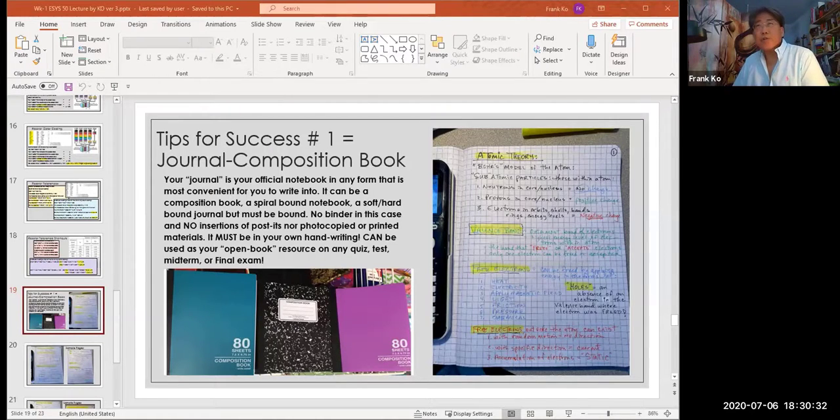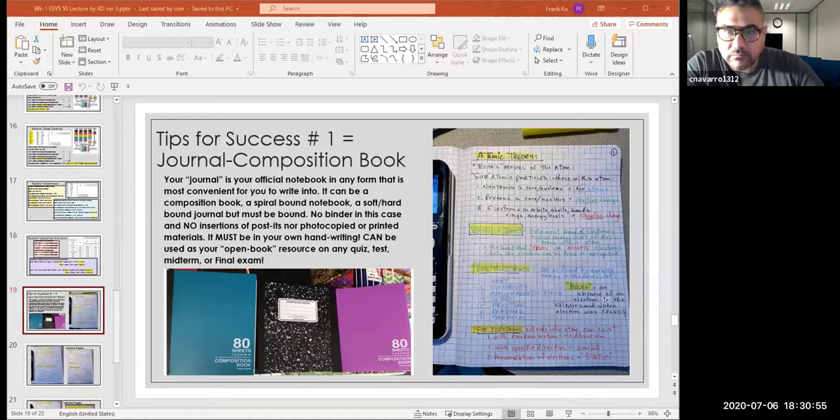It says your journal is your official notebook in any form that is convenient for you to write into. It can be a composition book, a spiral bound notebook, a hard or soft bound journal, but it must be bound. No binder counts as this journal. Your binder is a separate thing, which I'll talk about separately.